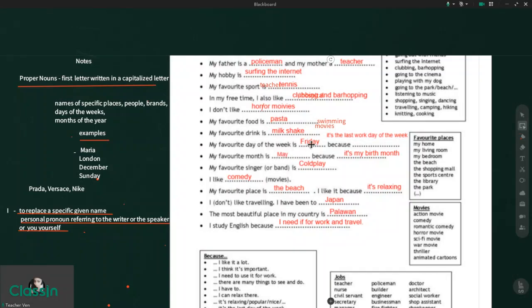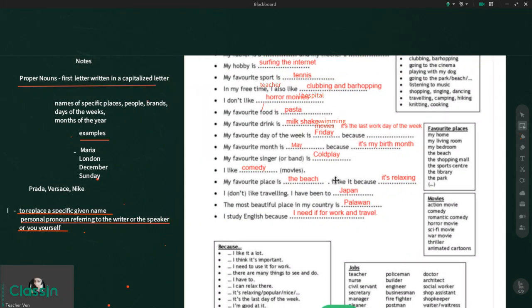Okay, so the next one is my favorite month is May. So again, like Friday and May, they are proper nouns, so they have to be written with a capital letter F and capital letter M, and the rest are small letters because they are proper nouns. Included in our examples are the days of the week, right? Okay, so moving on, my favorite singer or band is Coldplay.